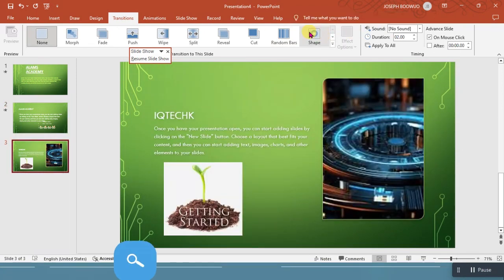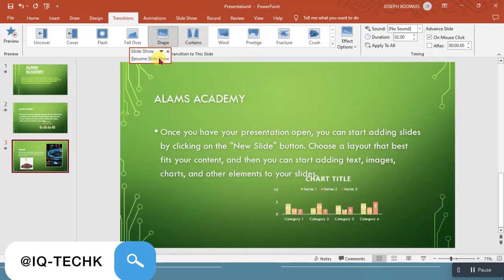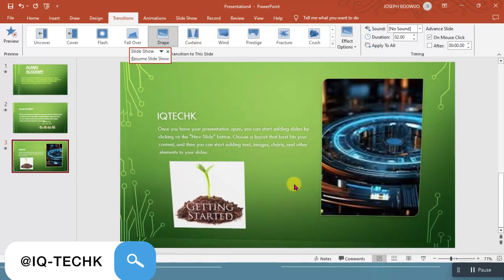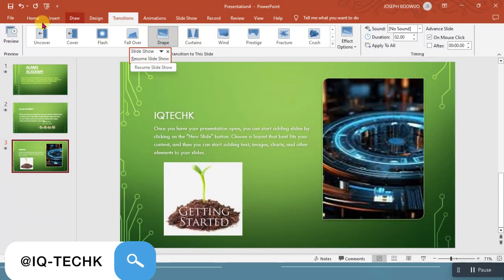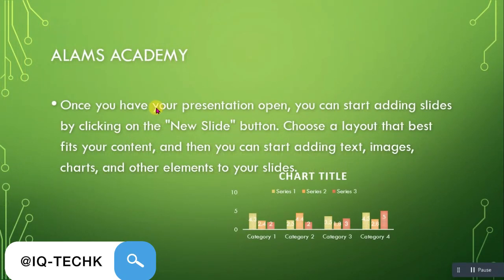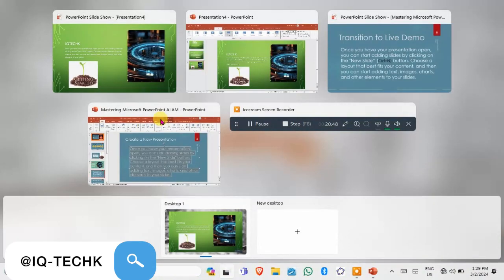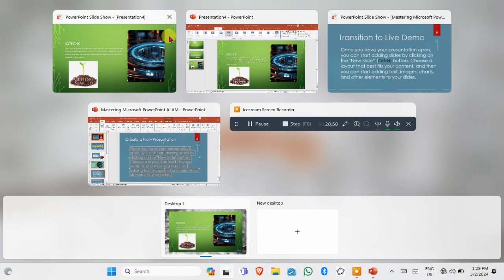You can come to the third one, then once you click on this arrow, a lot of them will be displayed and you are good to go. Now let's play and see how it goes. Correct. So this is how you add transitions to your document.